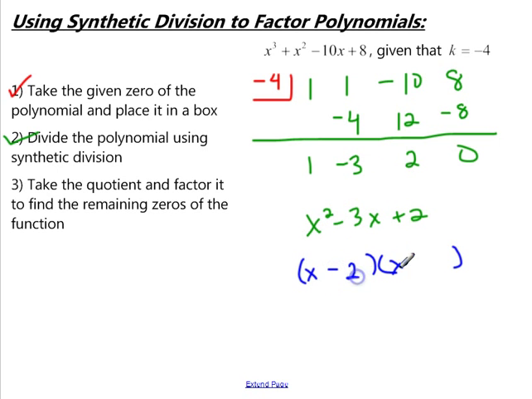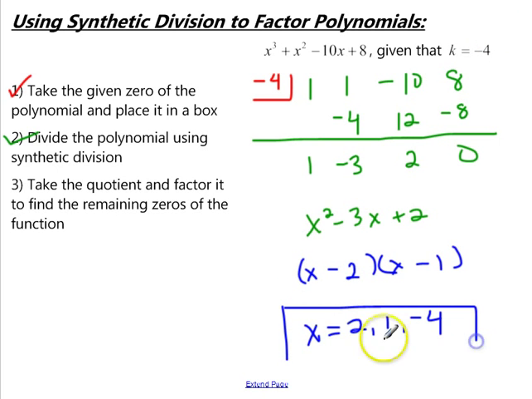So negative 2 and negative 1, these are going to be our factors. So then our 3 zeros are going to be x equals positive 2, positive 1, and the one that we were given to begin with, negative 4. These are the 3 zeros of our function.